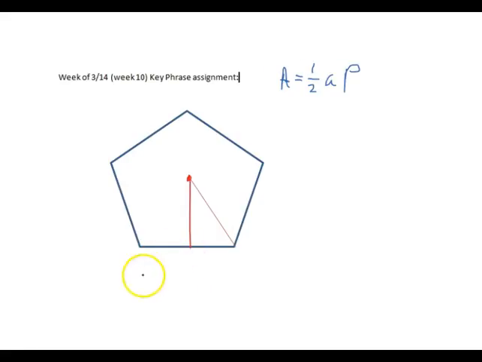We talked about how sometimes we'll be given just our side length and we need to find our apothem. We talked about how we can draw in a right triangle that will allow us to figure out the apothem length based on just a given side length. And I taught you a trick of how you can find this angle measurement.